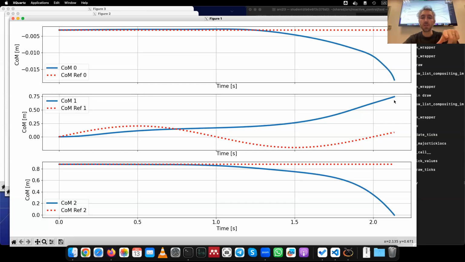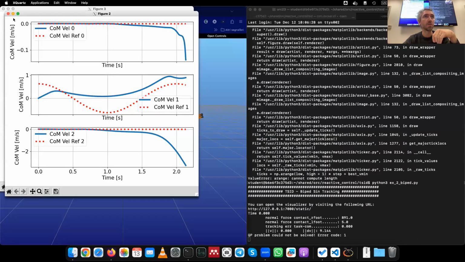So this divergence is going to be a key property of the model we're going to talk about in the next slide, which is a linear inverted pendulum model, which really captures this divergence of the center of mass of a biped robot.